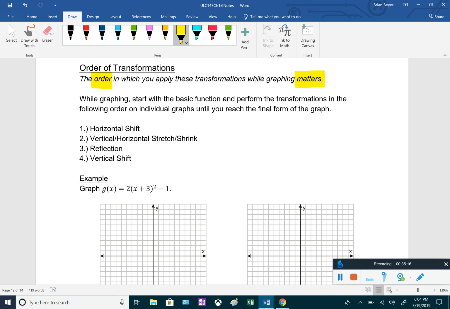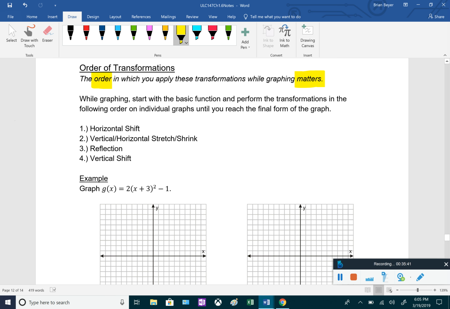What I think is the easiest way to do these is to start with the basic function. So I'm going to identify the basic function, whether it's y equals x squared, y equals the square root of x, y equals the absolute value of x, whatever it is. I'm going to graph that, and then I'm going to graph the transformations one at a time in the following order until we get the final form of the graph.